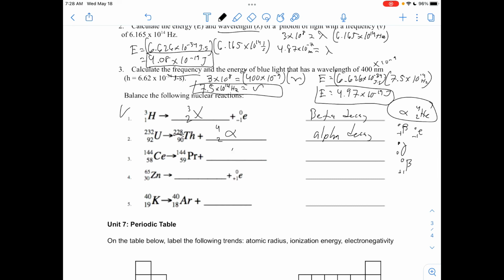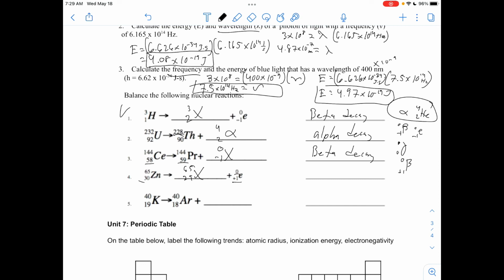Okay, the next one, notice that the top doesn't change. This one has to subtract to get to 58. So 0, -1, this is a beta decay. Okay, this one, solving for x, 0, so this doesn't change. +1, so what +1 gives you 30? 29.